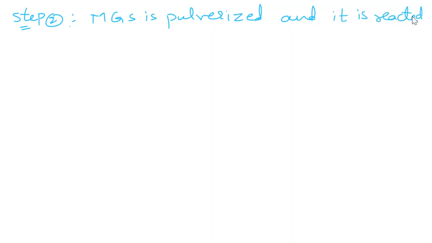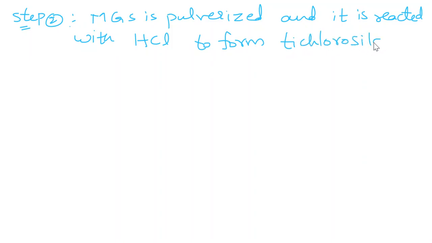In step 2, MGS is pulverized and reacted with HCl to form trichlorosilane, which is nothing but SiHCl3.